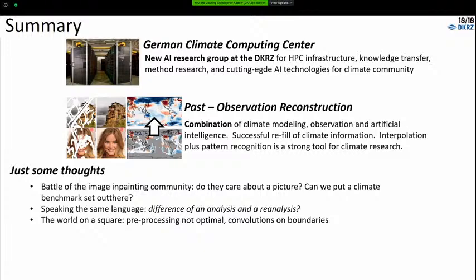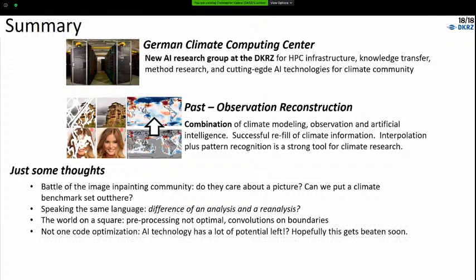However, the pre-processing is not optimal in that sense, and the convolutions at boundaries are not a good idea. We discussed that with Marcel and David already a lot. I just leave it open here. I didn't do any code optimization.